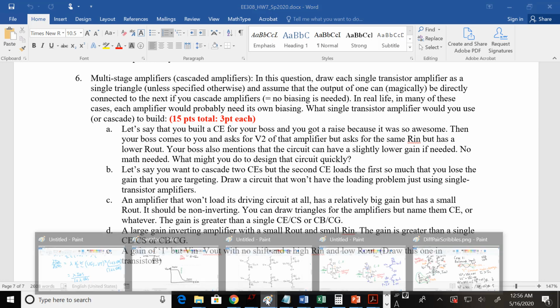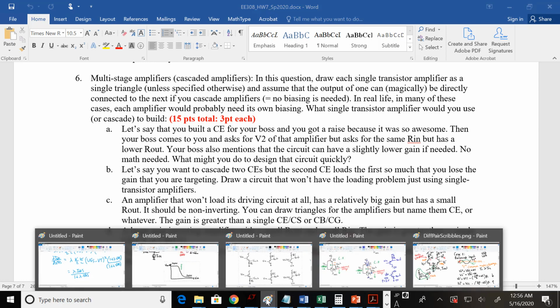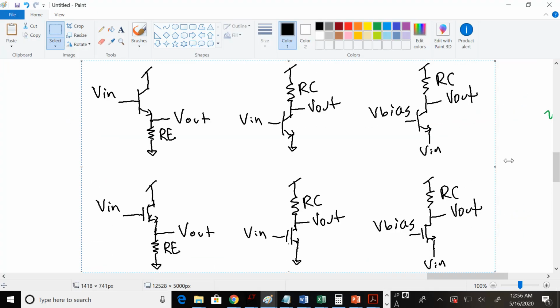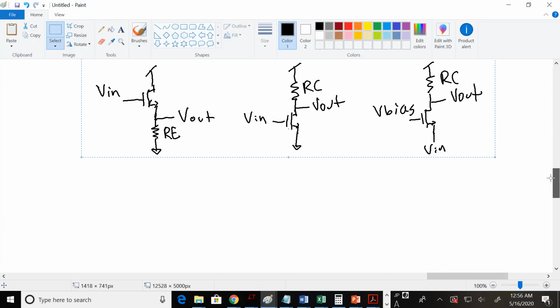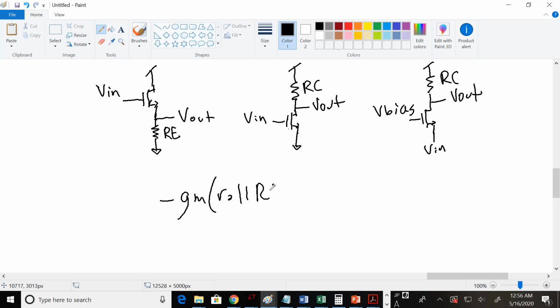And amplifiers, when you cascade them, their gain multiplies. So if I cascaded two common emitter amplifiers, I know the gain for a common emitter amplifier is gm times (ro parallel RC).